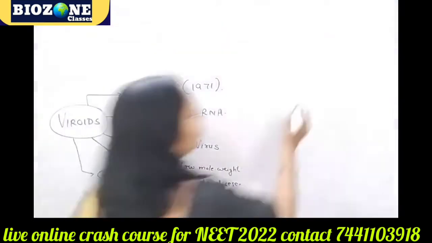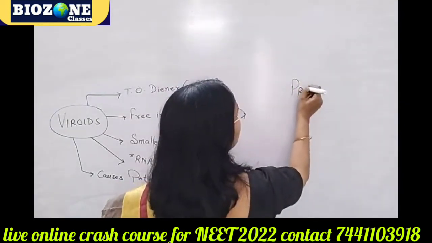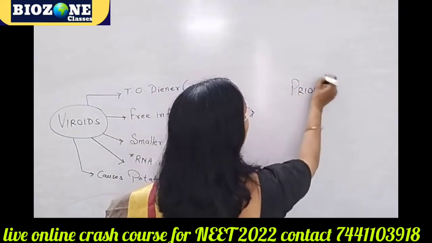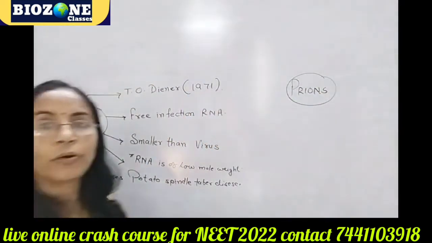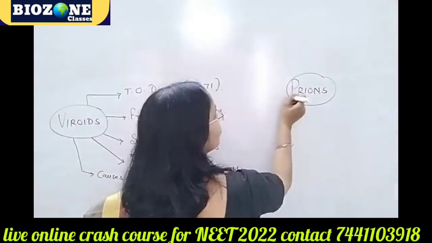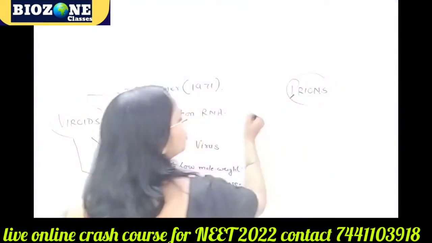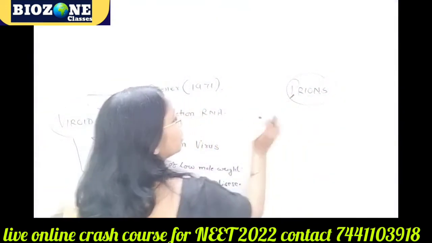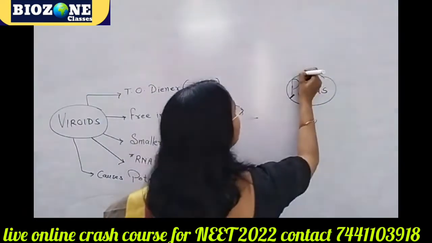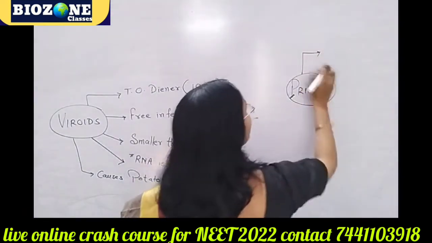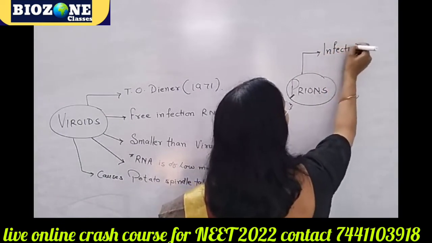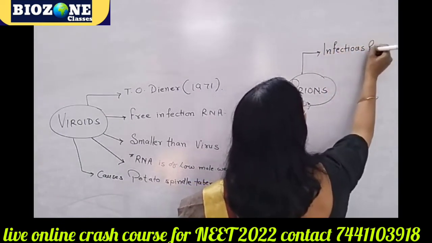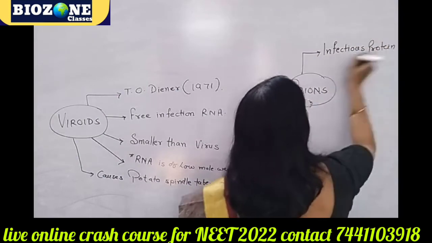ठीक है? Now we come towards prions. ठीक है? So when we study about prions, P of prions, you remember? So prions, टेबल के फॉर्म में ड्रॉ कर लीजिए. तो prions आपके क्या होगा? Infectious protein particle.